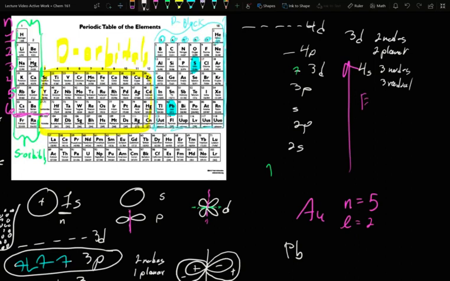The s and the p's, you just count down: 1, 2, 3, 4, 5, 6 rows down, so it is an n equals 6. It's a p orbital, so my L equals 1. The d blocks are always one less than you would think for the row that they're on. The s and p are just whatever row they're on.